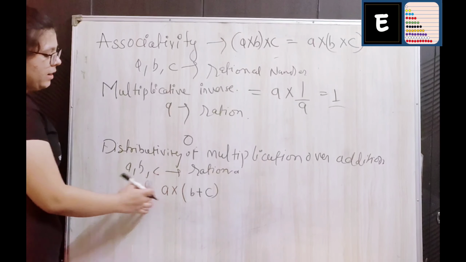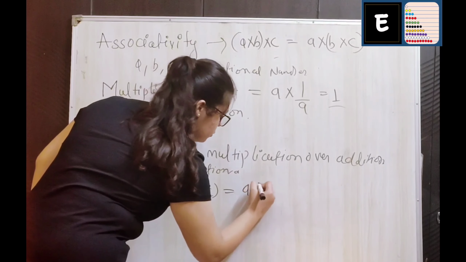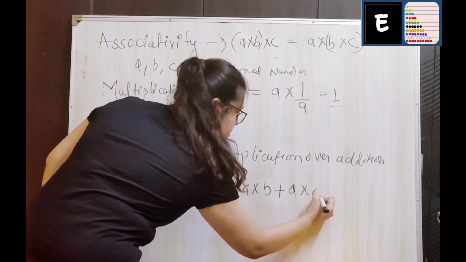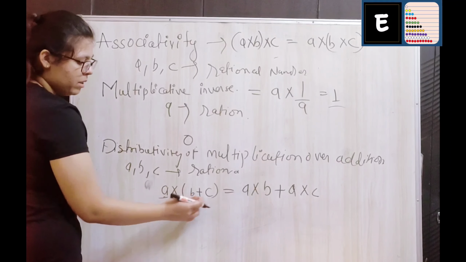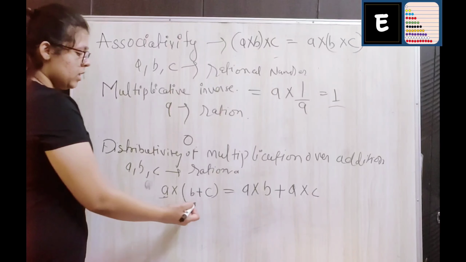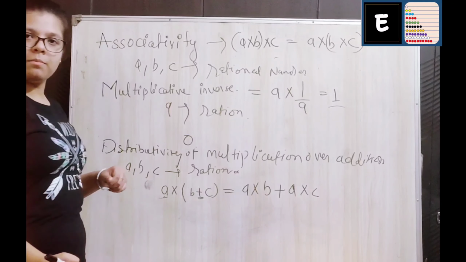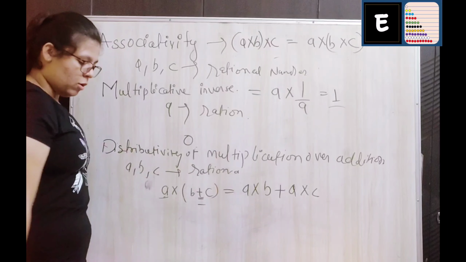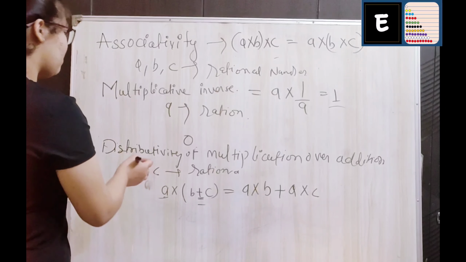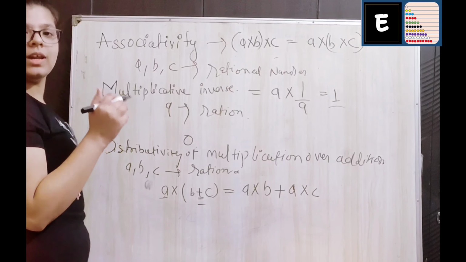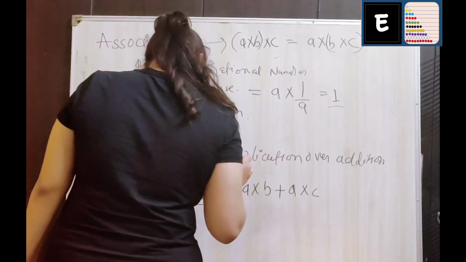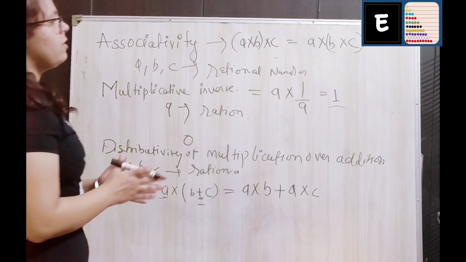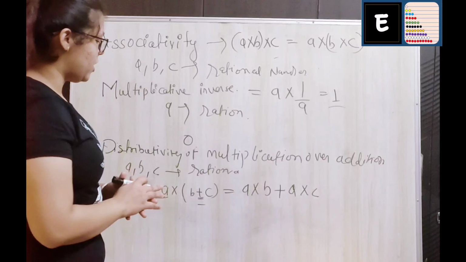When we solve this bracket, it becomes a into b plus a into c. This will be multiplied with both the numbers in the bracket with the sign that will be in our bracket. If it's negative, then it will be negative. If it's positive, it will be positive. This is our property of distributivity of multiplication over addition. So these are the properties of rational numbers for multiplication.